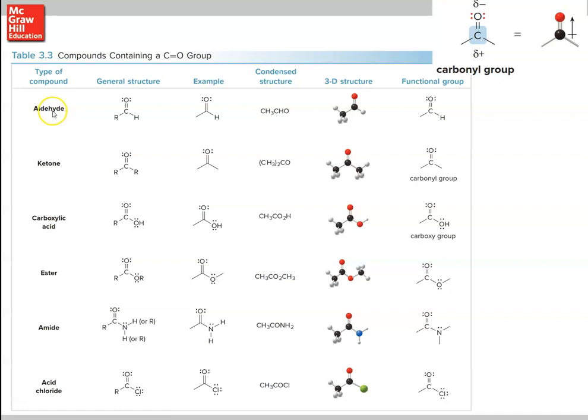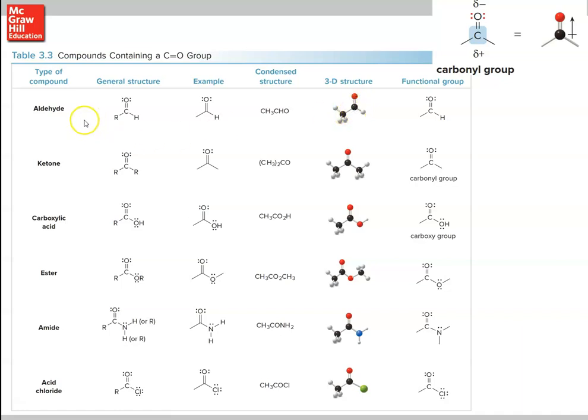The first is the aldehyde, and that's where that carbon R group is on the end of a chain. So you can see an example here where we have the condensed structure, the example, and then the 3-dimensional structure. You can see that carbonyl group is on the end of a chain, that hydrogen's at the end, and then we have a carbon-based group.